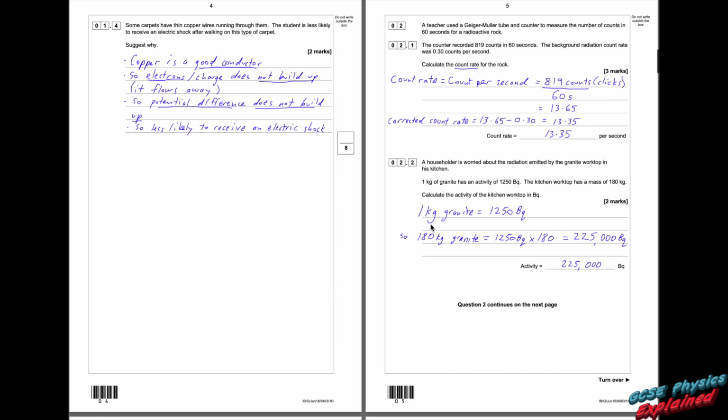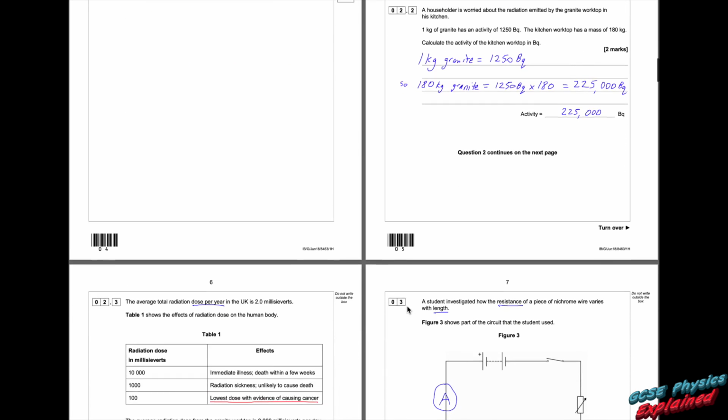So 1 kilogram of granite has that many becquerels. So if we've got 180 kilograms of granite, we need to take that value and multiply it by 180. And it comes out as 225,000 becquerels.